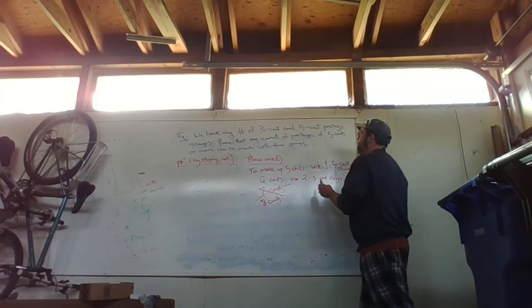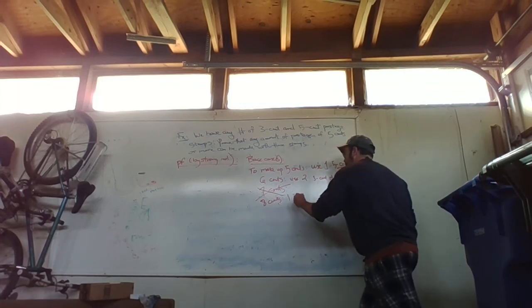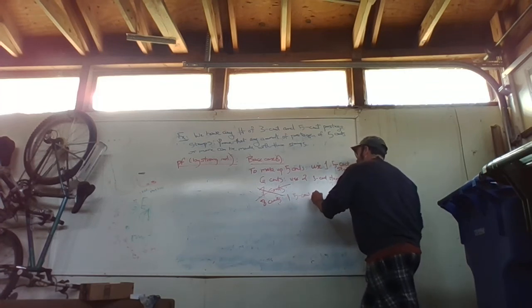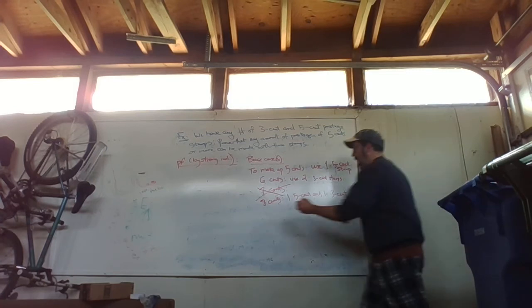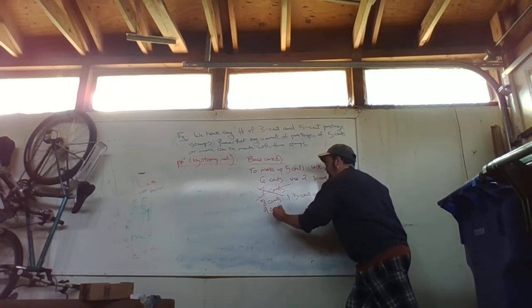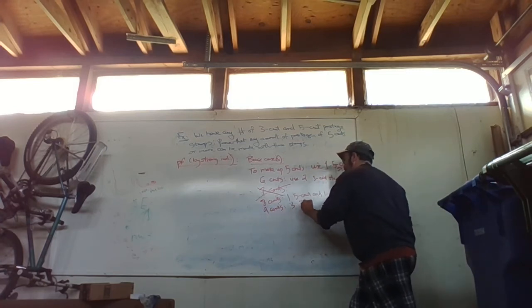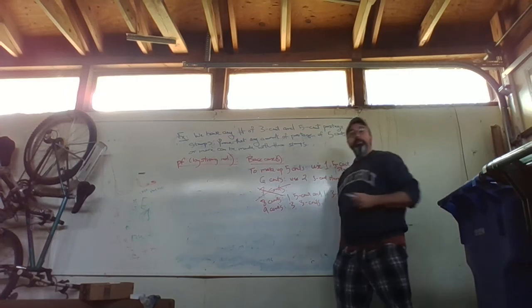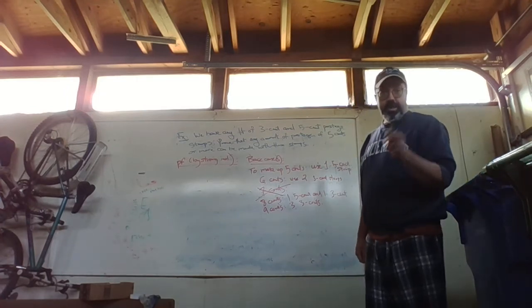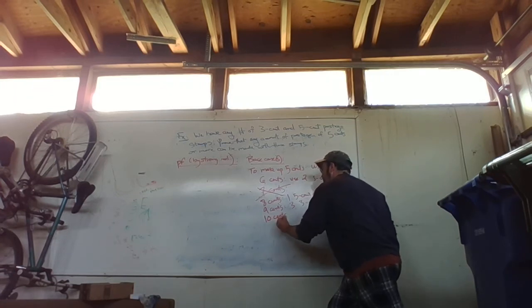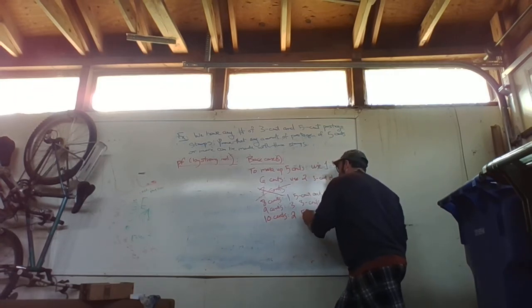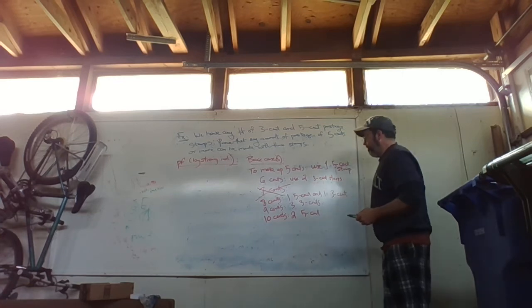We could do 8 cents using 1 5-cent and 1 3-cent stamp. We could do 9 cents using 3 3-cents. I'm doing something called adjusting on the fly when I'm realizing that I'm being stupid. And we could do 10 cents using 2 5-cent stamps.